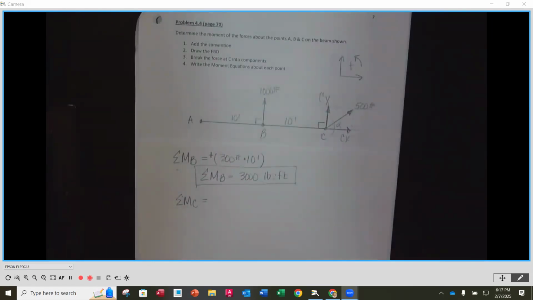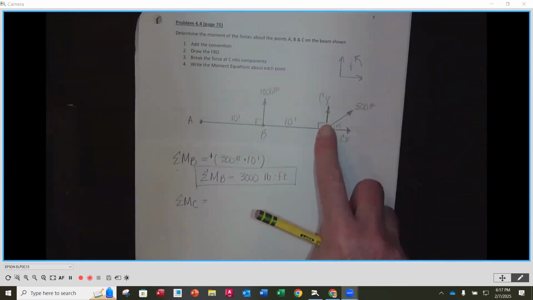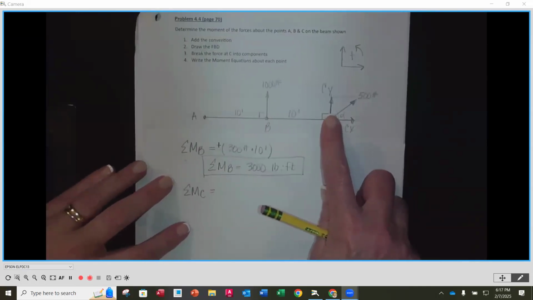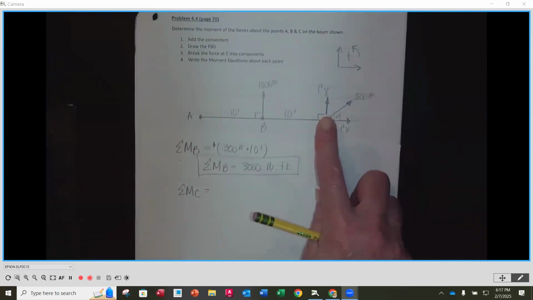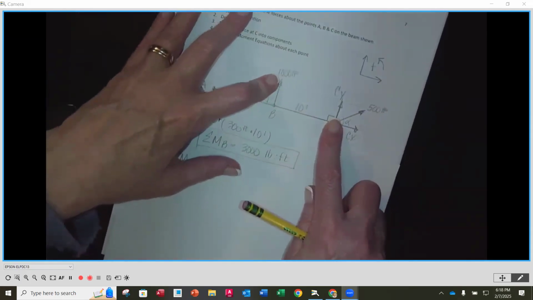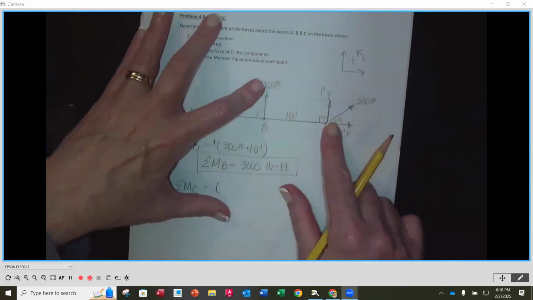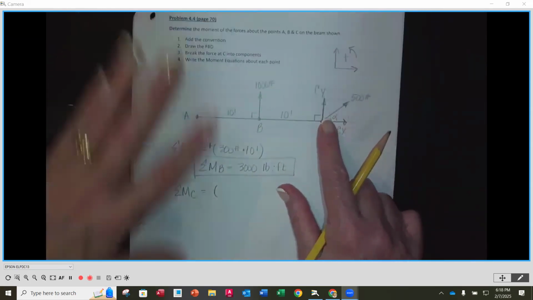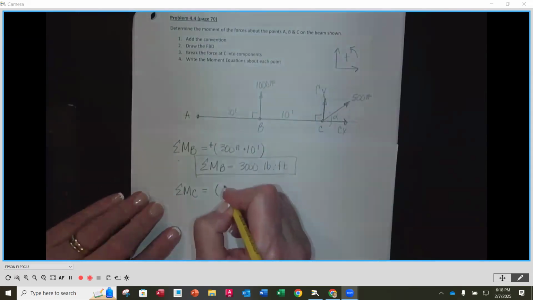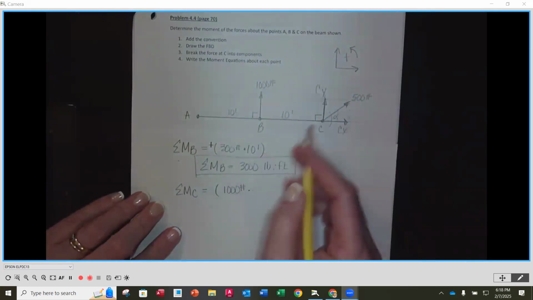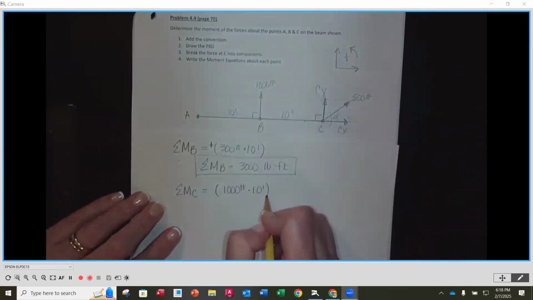Okay, for this one, we're going to put our finger on C this time, right? And by doing so, we eliminate CY and CX, because they're not going to be included, but the offset force at B is going to rotate. So I'm going to put my parentheses, finger on C, rotate in that direction. It's going to be 1,000 as my force times perpendicular distance, 10 feet.